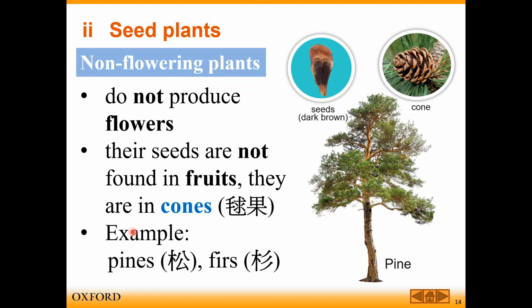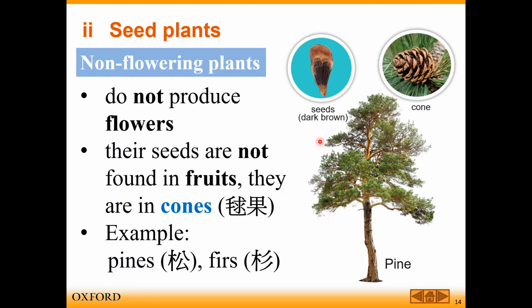So how about the seed plants? They are non-flowering plants and flowering plants. We talk about the non-flowering seed plants first. They do not produce flowers. You can see this pine tree, you can't find any flowers. The seeds are not found in fruit, they are in a cone like this.